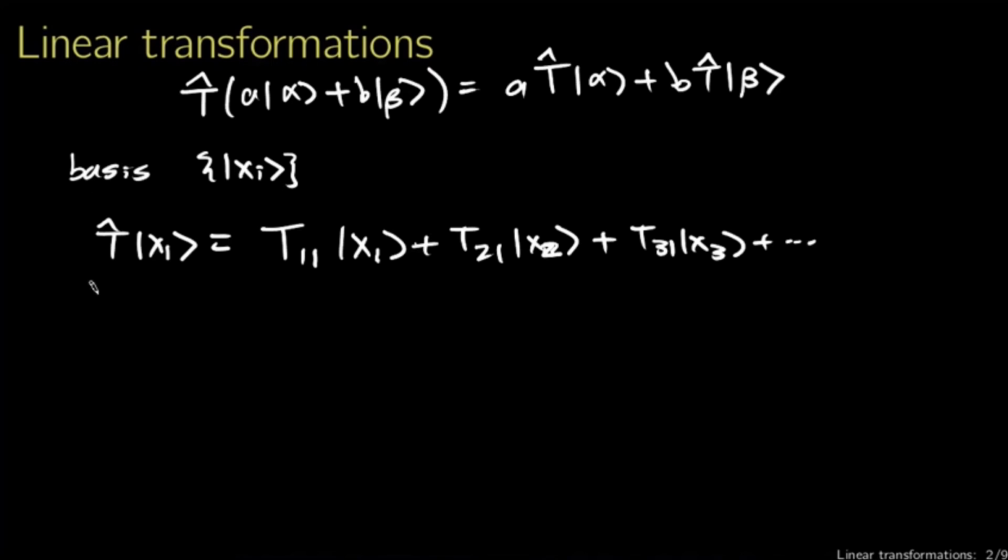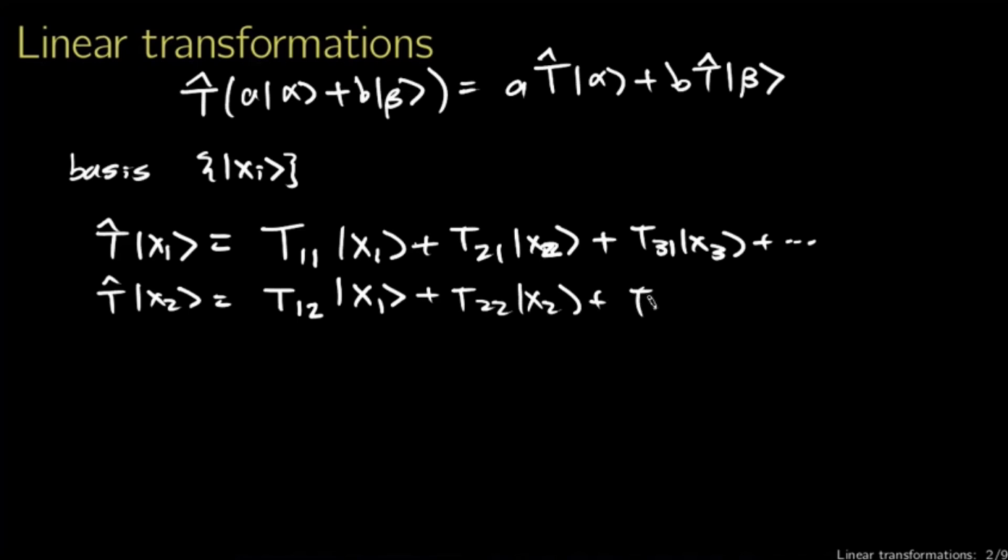If I have, say, x2, I get a similar expression, except I'm going to number things slightly differently. This is the t12 number, the x1 component of the transformation applied to x2, plus, etc., t22 x2 plus t32 x3 plus, etc.